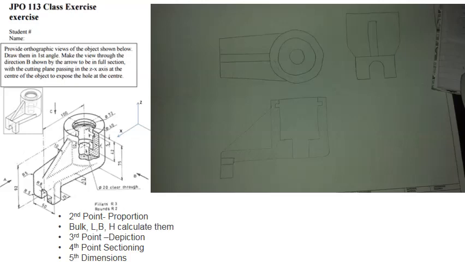Now, in terms of placement of views, we're going to do the counting first, like I said. So let's start right at the bottom there. So we have a dimension there. It's 1, 2, 3. And what we want to do is to avoid dimensions that repeat themselves one way or the other. So 1, 2, 3, 4. I'm not going to count these fillets here, rather those roundings. So we have 2, 3, 4, 5.